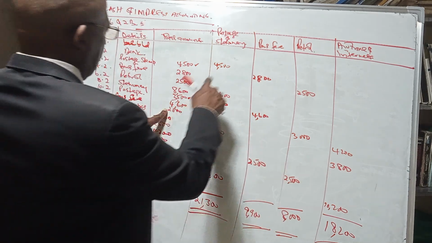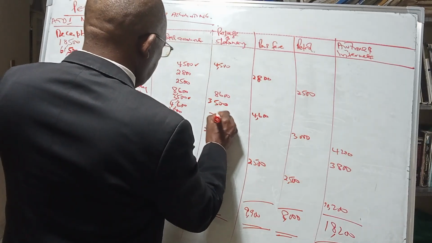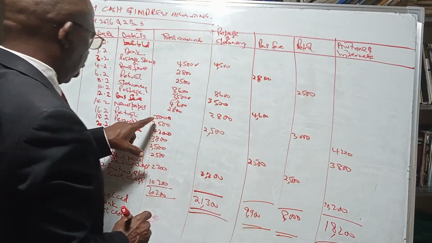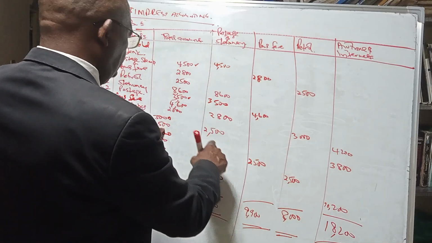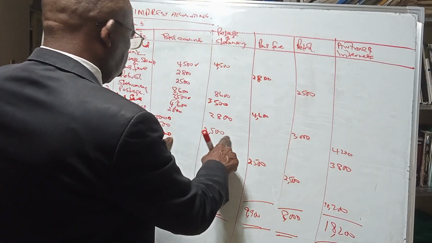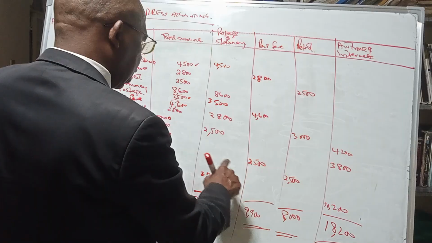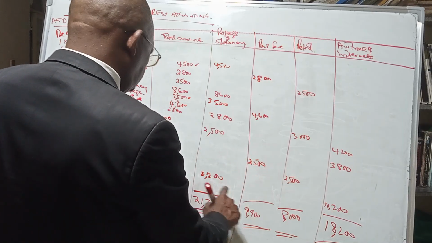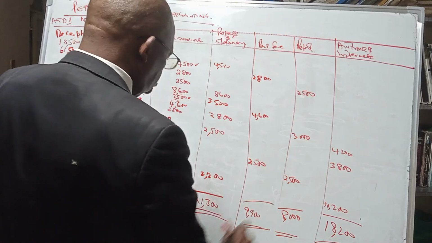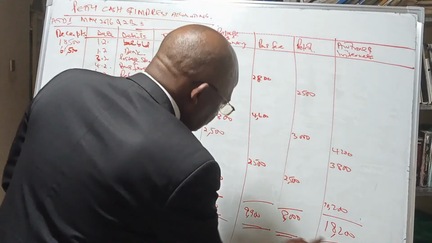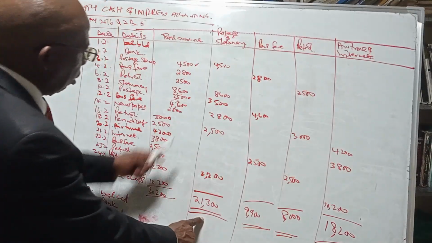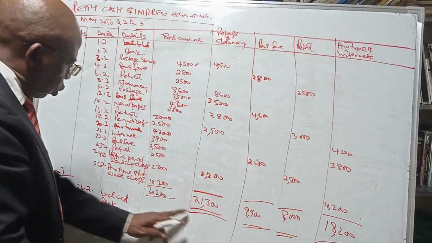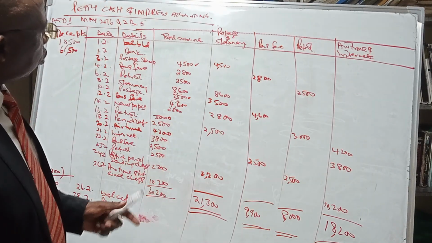This is newspapers, and the postage is stationery, 2,800. 3,000 has gone there, 25, 42, 38, 25, 25, 22, 10 have gone there. So if you add these, they are supposed to total this amount.